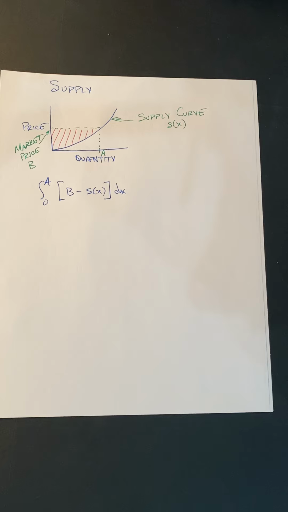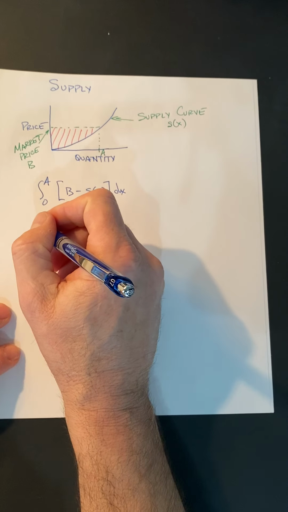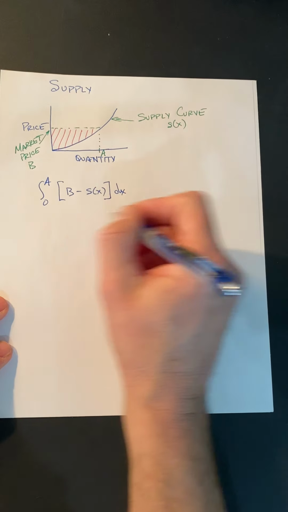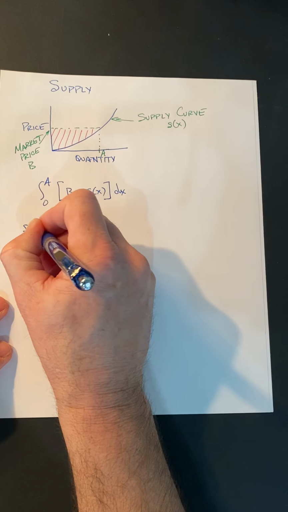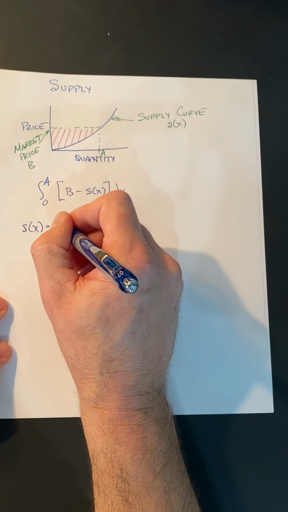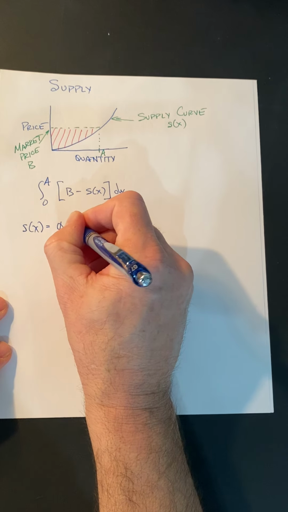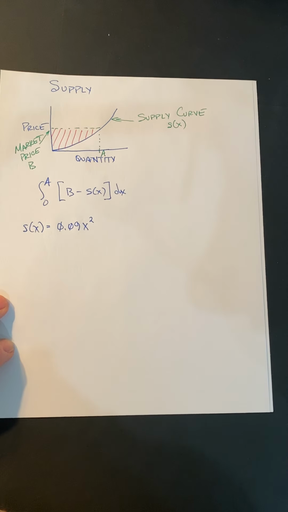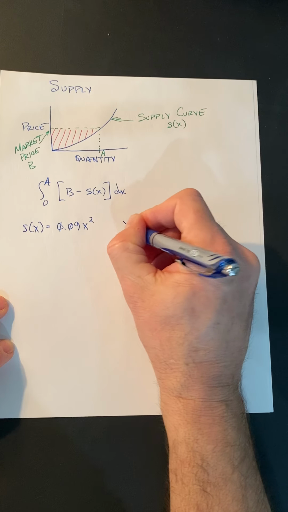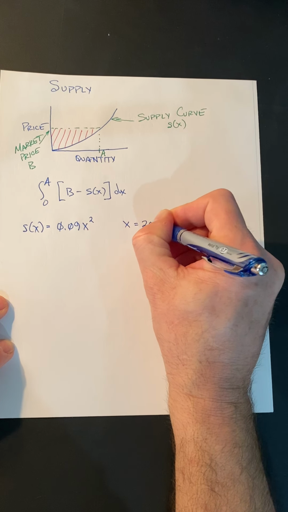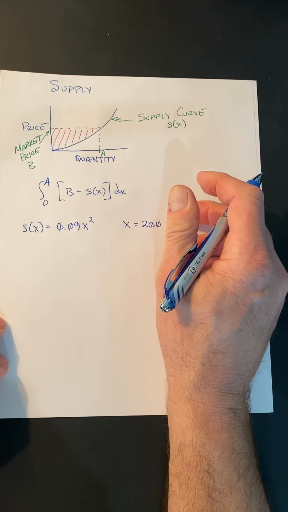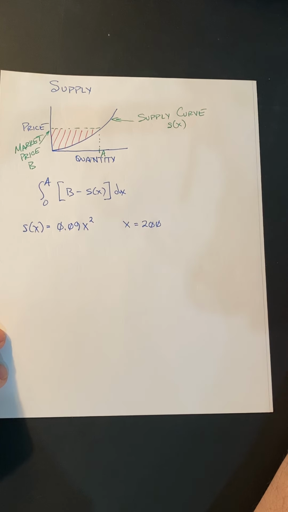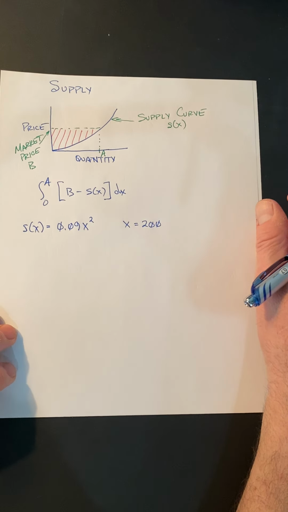So let's look at an example. Let's say that we have a supply function, S of x, that is given as 0.09 x squared dollars. And we know we have a demand level of 200, okay? So let's find the producer's surplus.